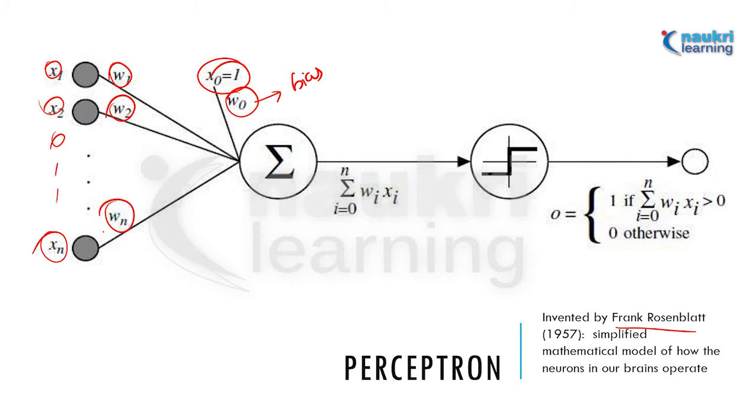Now inside this perceptron, two things will happen. One is a summation. The other operation that happens over here is called activation. In the summation, what I'm going to do is take the dot product between my weights and my input features, and then apply it on top of my activation function.